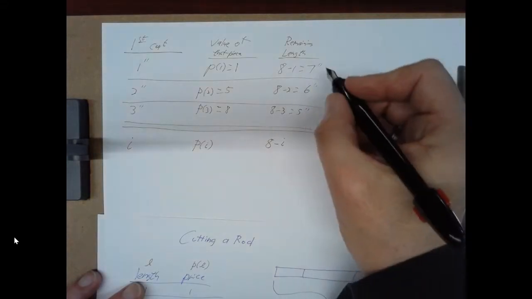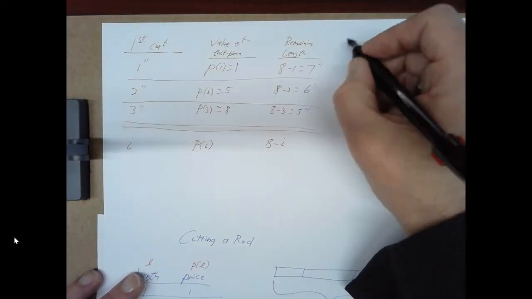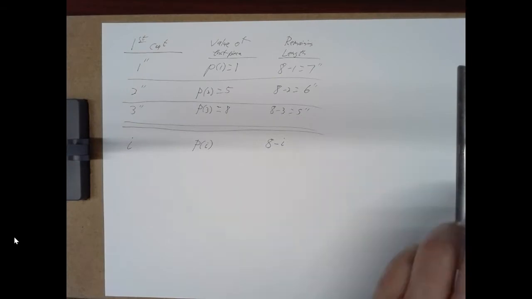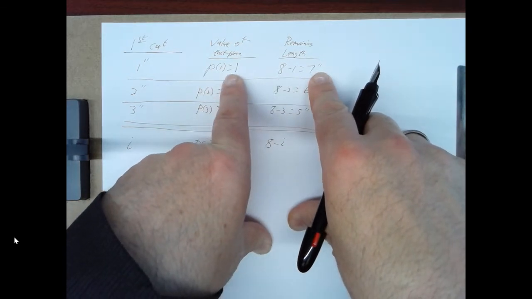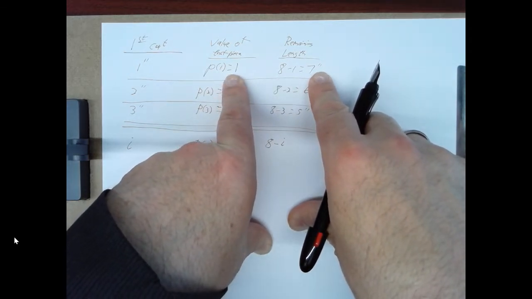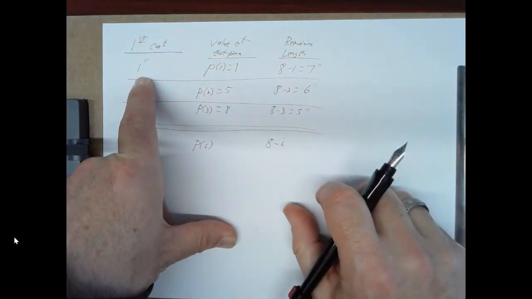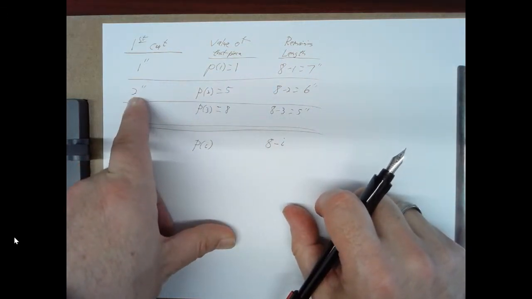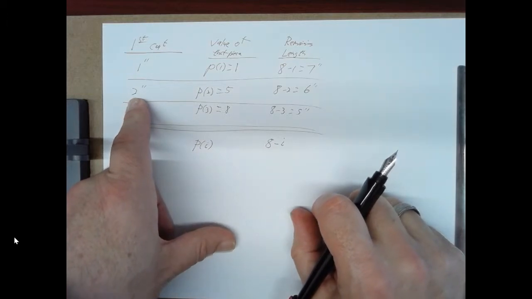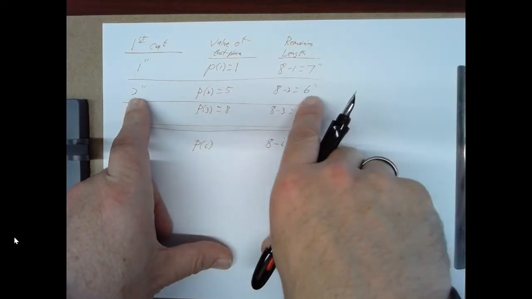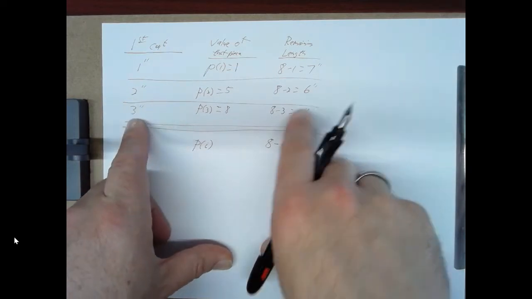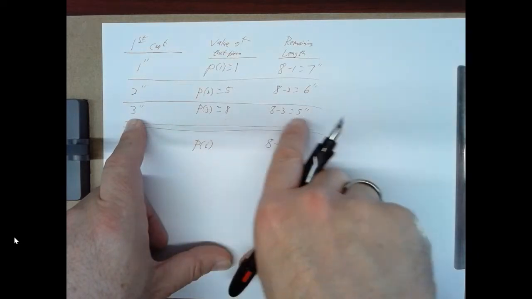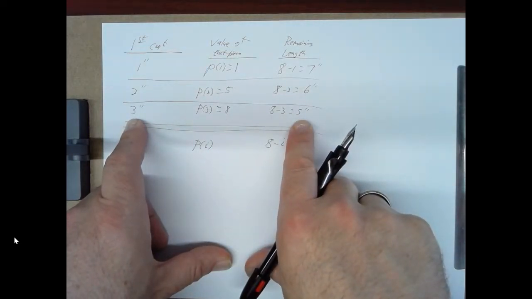And so if we calculate the maximum value we can get from a 7-inch piece, and we add 1 to it, that's the maximum value we can get from an 8-inch piece if our first cut is 1 inch. If our first cut is 2 inches, the maximum we can get is $5 plus whatever the maximum is we can get from cutting up a 6-inch piece of rod. If we cut a 3-inch piece, our maximum value is 8 plus the maximum of a 5-inch rod.